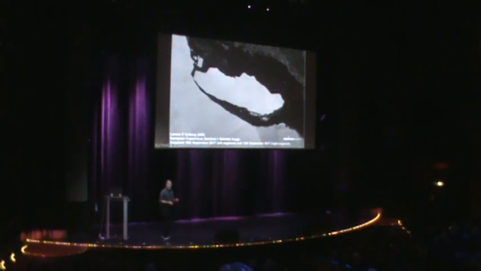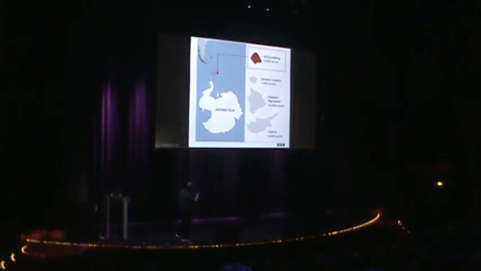And then we've had this one recently, A23A, which is currently there. We're probably not going to see it, actually. It's just heading off towards South Georgia. It is at the north end of the Antarctic Peninsula, came out of the Weddell Sea, and is heading that way. And that's about a third the size of Hawaii's Big Island, about half the size of Cyprus, and about twice the size of Greater London.